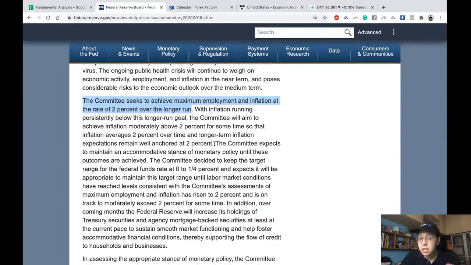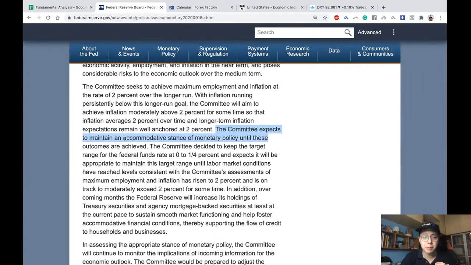Now, some keywords for you to pick up if you're very new to economics. I want you to remember this word: accommodative. The whole sentence reads, the committee expects to maintain an accommodative stance of monetary policy. This word accommodative basically means they are in an easing policy, which means quantitative easing.